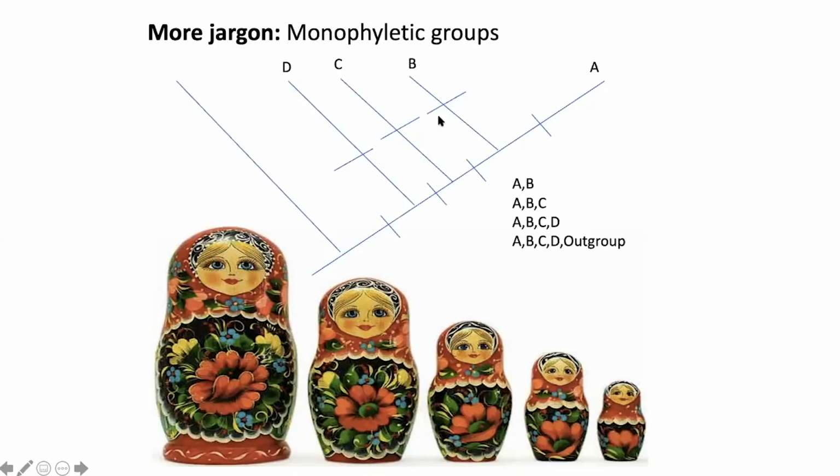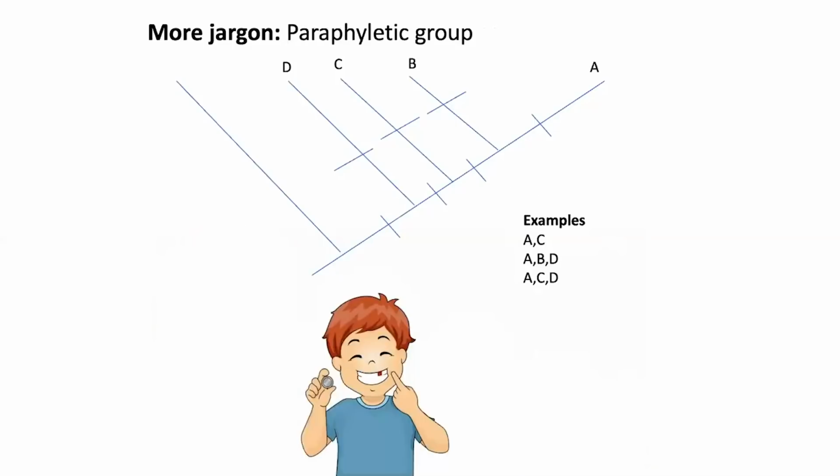When we're analyzing phylogenies, we often have to look at these monophyletic groups to help us understand how evolution progresses. That'll become clear a little bit later in the lecture. So if something's not a monophyletic group, it's called a paraphyletic group.